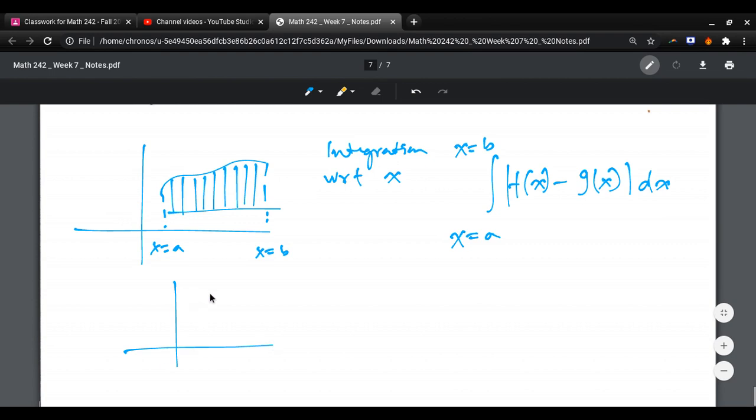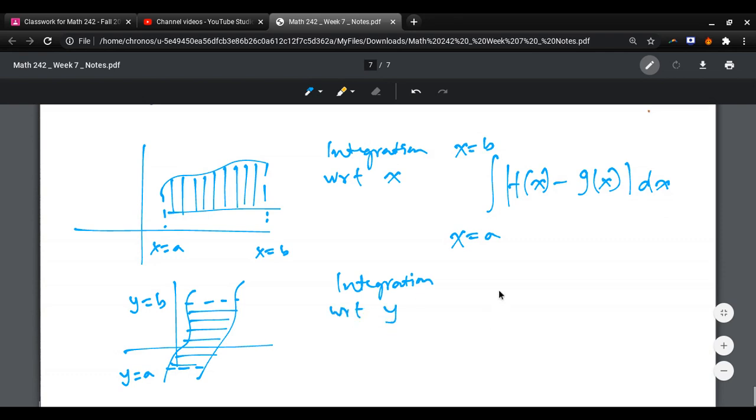But if your case is something like that, and you're using y equals a and y equals b, then you want to use horizontal rectangles. And this method is called integration with respect to y.